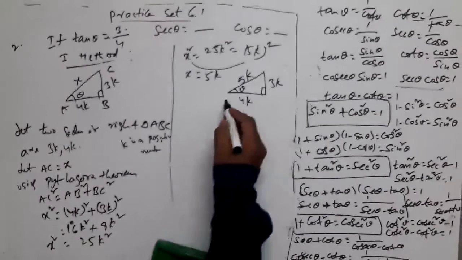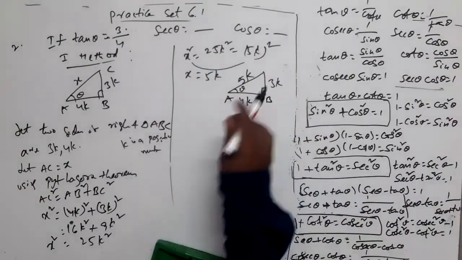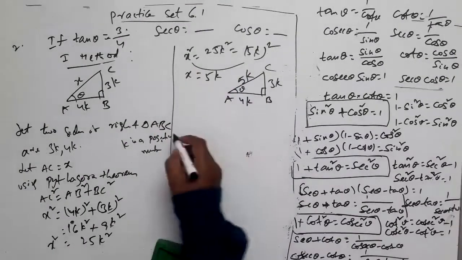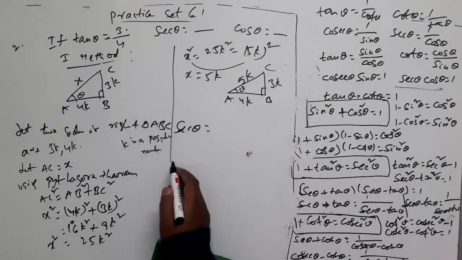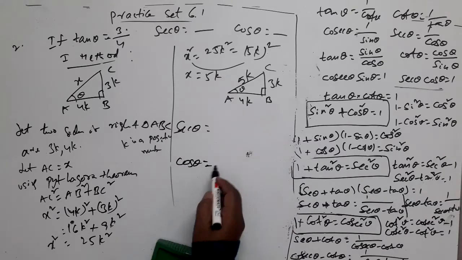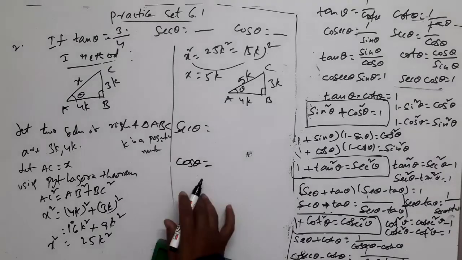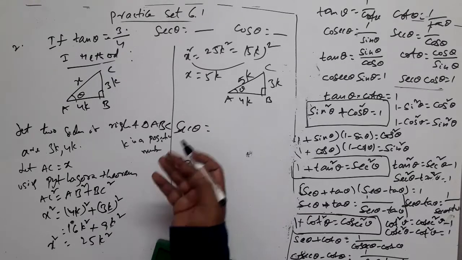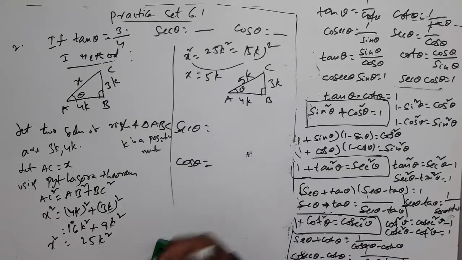What do you need? Secant theta, cos theta. Tell me, from this, what is secant theta? What is the relation between secant and cos? They are reciprocal of each other. You remember sin theta, cos theta, tan theta. The remaining three, cosecant, secant, cot, are reciprocals of each other.